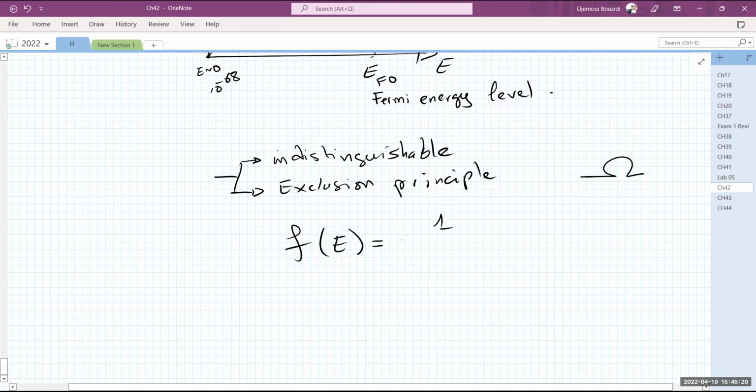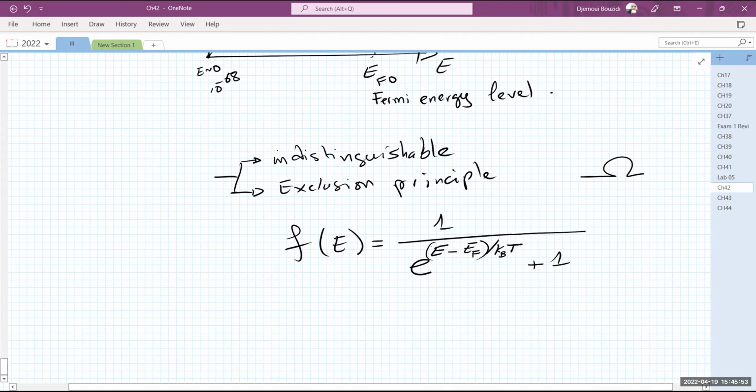The function is 1 over exponential of the energy, which I'm trying to draw the function for, minus EF, divided by, I'm going to explain each and every one of these terms in here, plus 1.